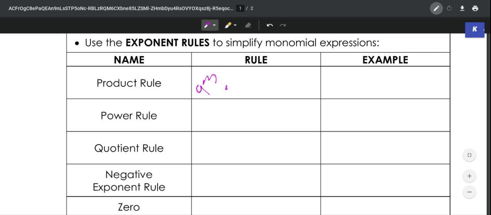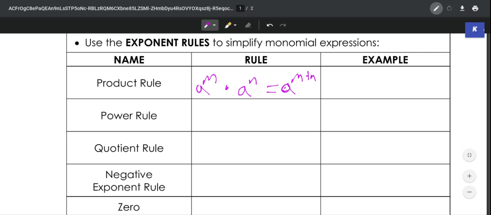That would be the general way we would write one of our terms, and then a to the n, and that could be any numbers. When you multiply two numbers or two terms that have an exponent, you add your exponents. So our answer would actually be a to the m plus n.